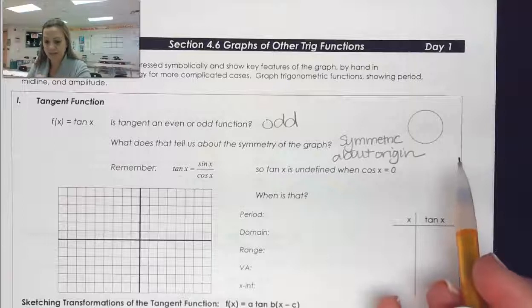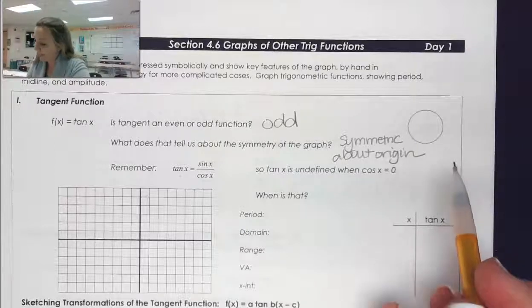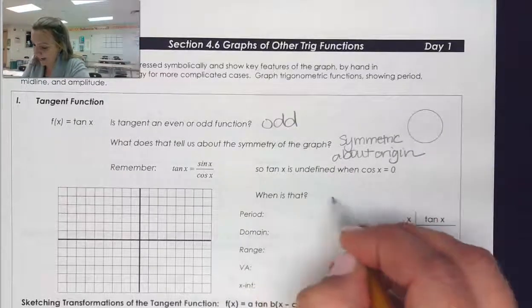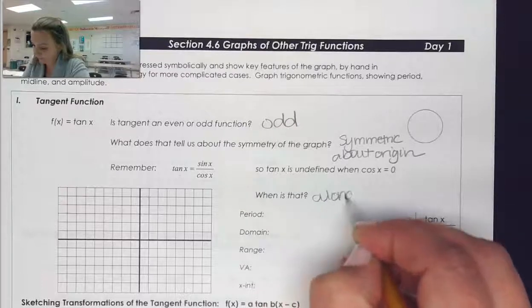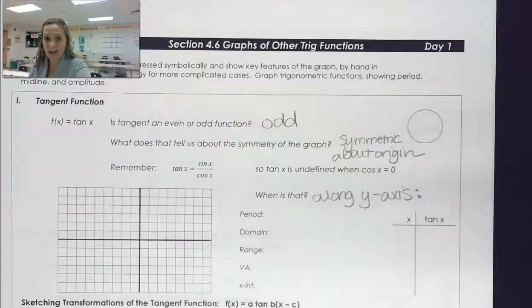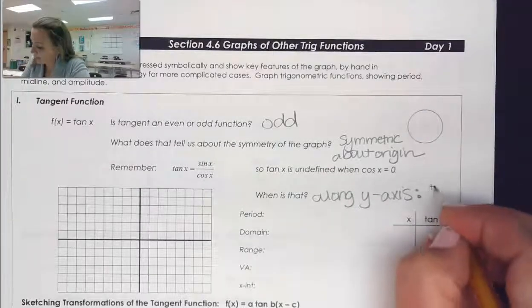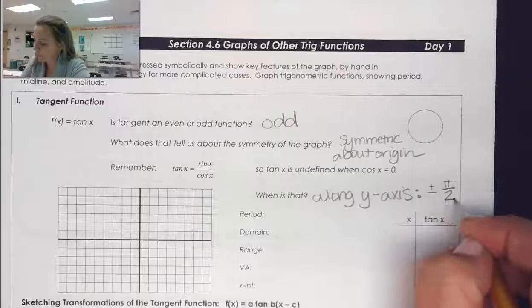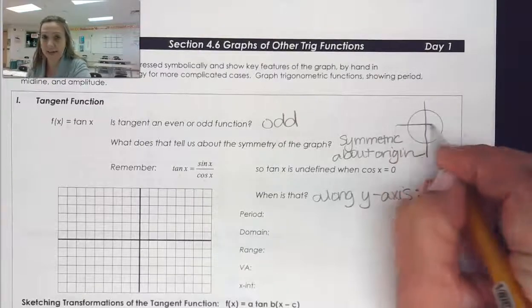When is the cosine of x equal to 0? Well, that is going to be along the y-axis. Okay, and so notice at plus or minus pi over 2, it's going to be undefined.